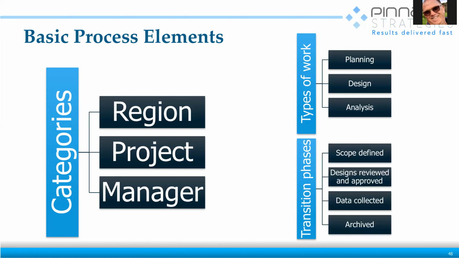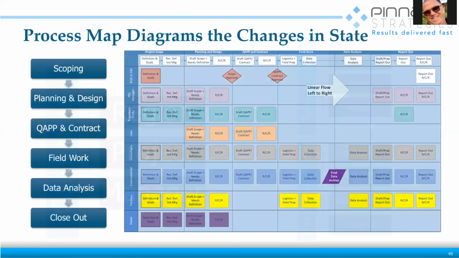So from that process map, they were able to pull out the categories, the types of work, and the transition phases at the beginning, all right? So these are the basic building blocks. And then it became a pretty board like this, right? So what I want you to notice is, here are the basic phases.